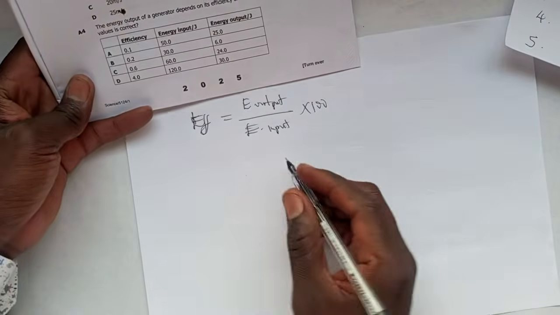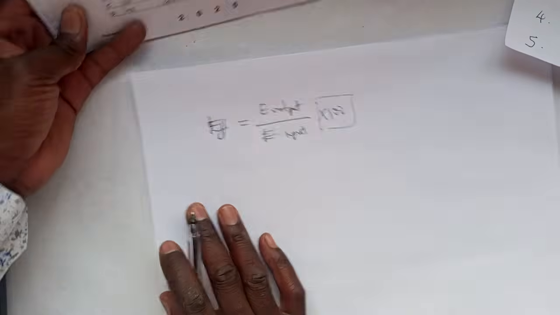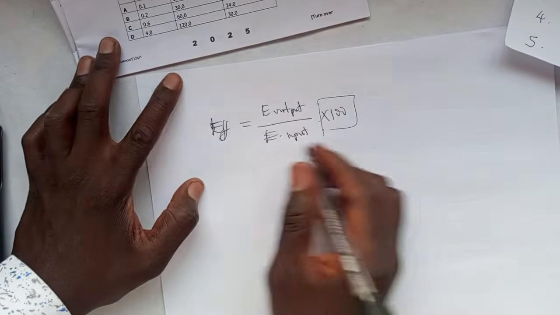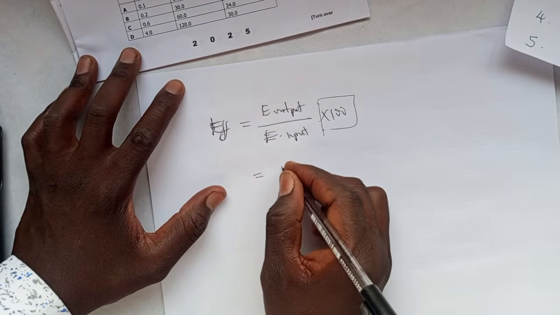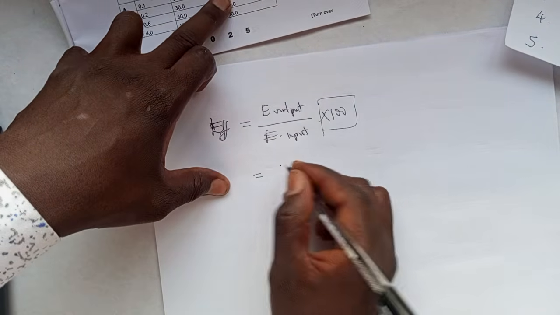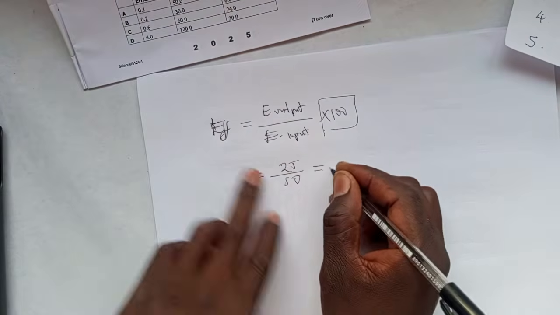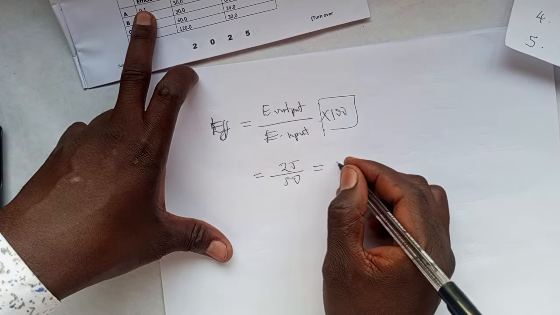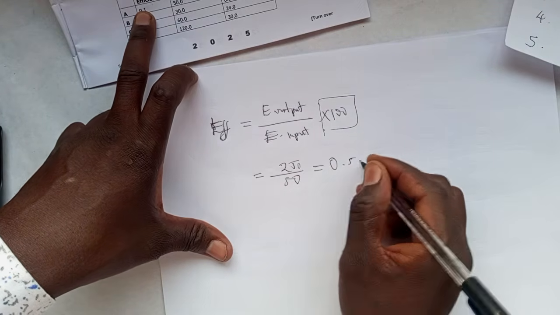So in this case, we are going to eliminate 100 for now for us to be able to come up with the correct thing. So we're going to try all these values. Okay, so we begin with the first one. If we divide energy output 25 by 50, that will give us 0.5.